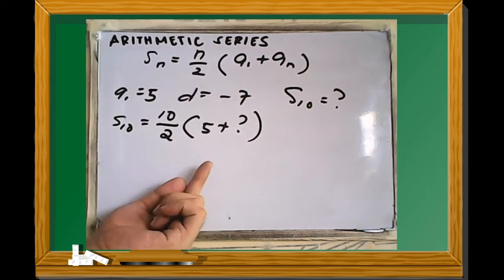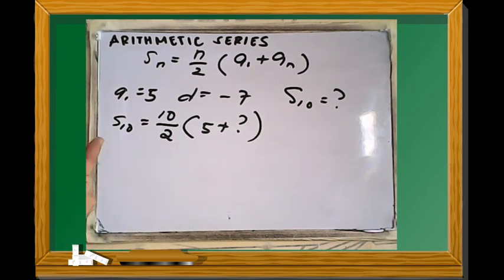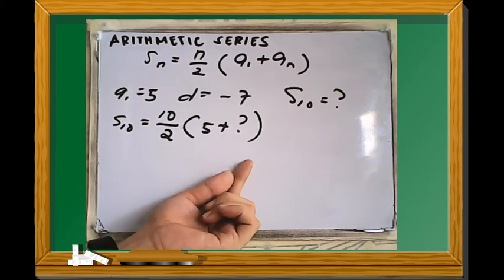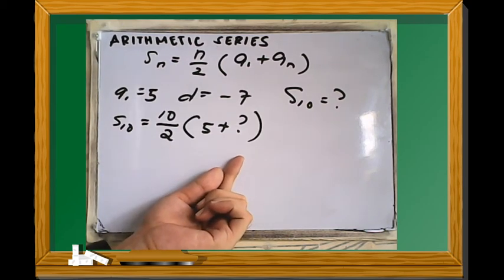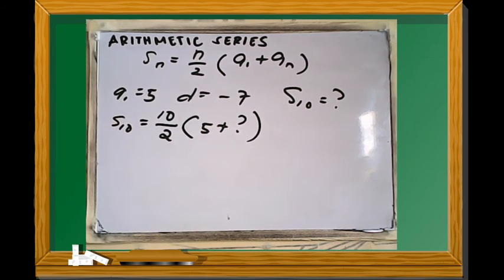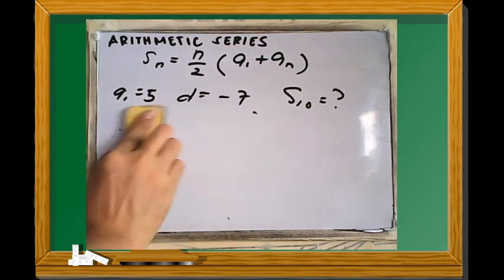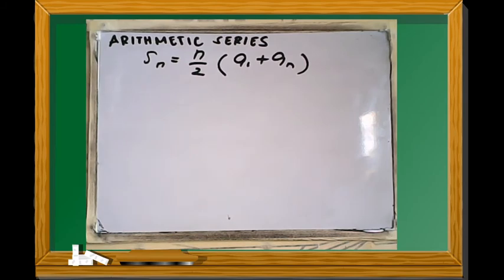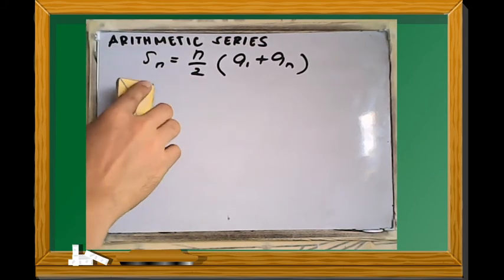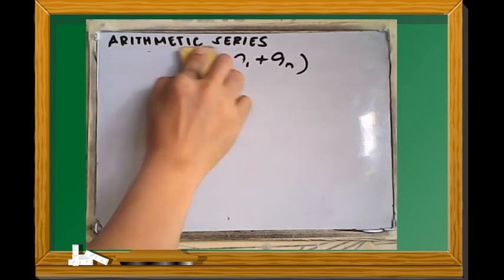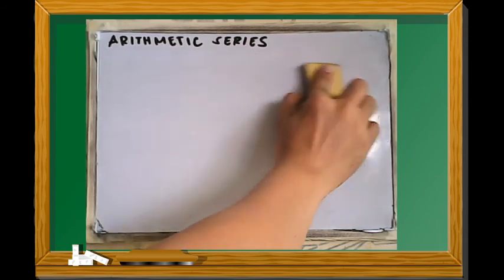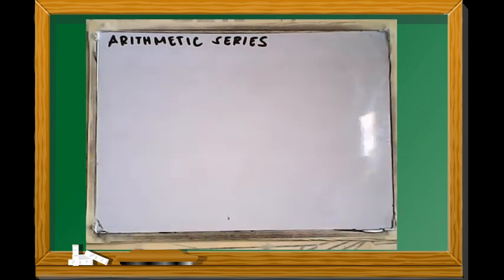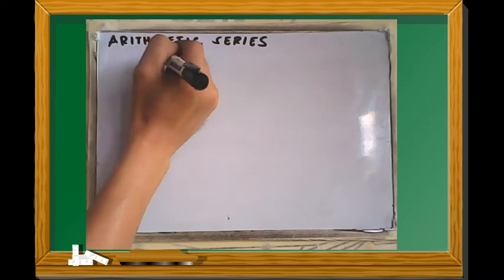So we will have difficulty here because there are two missing: S sub 10 and the last term, a sub n. So instead of using this formula, we can derive this to another one. I will not show the derivation, but this is what I mean by two types of formula that we can use.